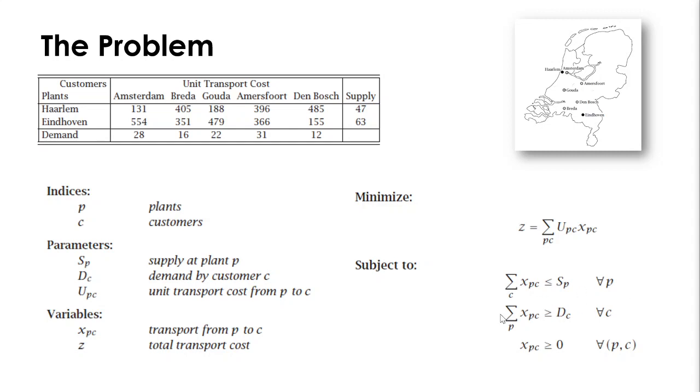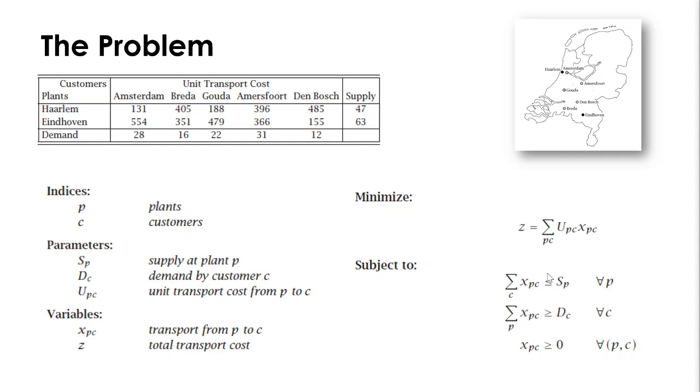And we have two sets of constraints. One for all plants. So for every plant, we need to impose that whatever we're going to ship from that plant cannot exceed its capacity. So we have two terms in this constraint, and this symbol here, less or equal than. To our right, the right-hand side of the constraint, which is actually the way we call it, RHS, is S sub P, which is the supply of our plant.